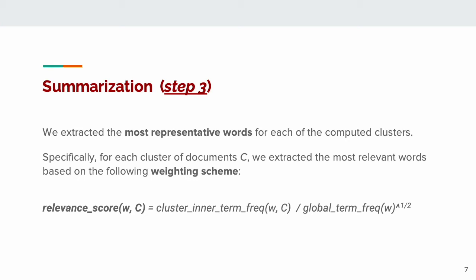Essentially, the relevance score of a word W in a cluster C is defined as the ratio between the inner term frequency of W inside C and the square root of the global term frequency of W inside the whole collection.